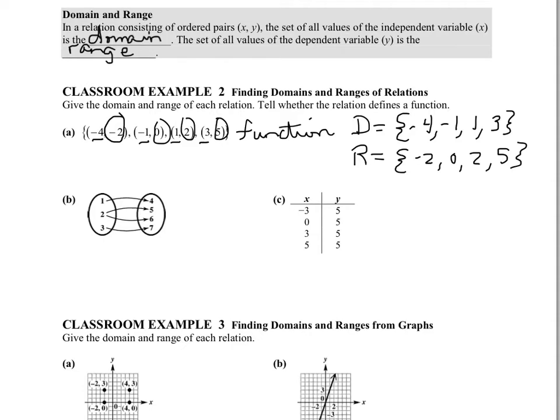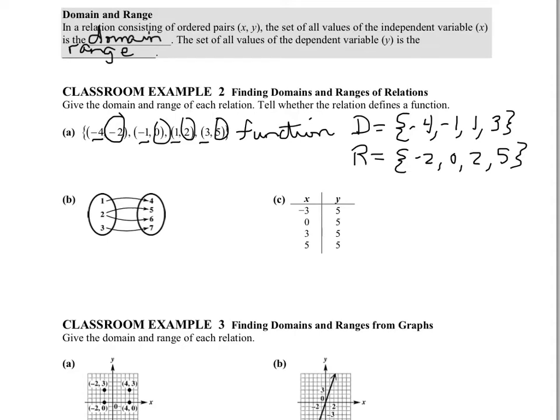Now let me just mention a couple of things here. The order you write these in really does not matter. Oftentimes you will see them listed from least to greatest, but they can be in any order. So don't worry about the order you list those values in.